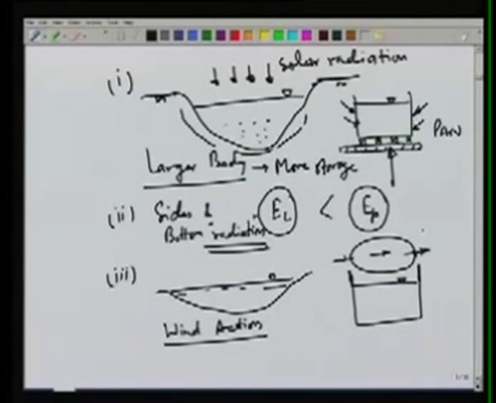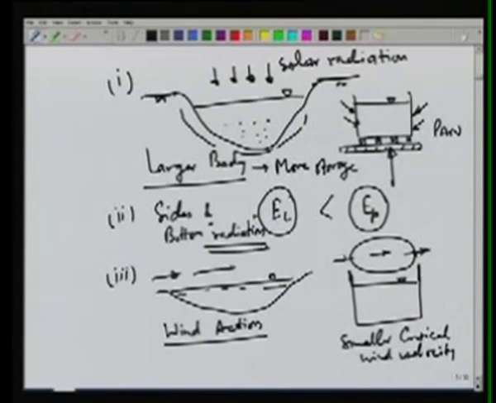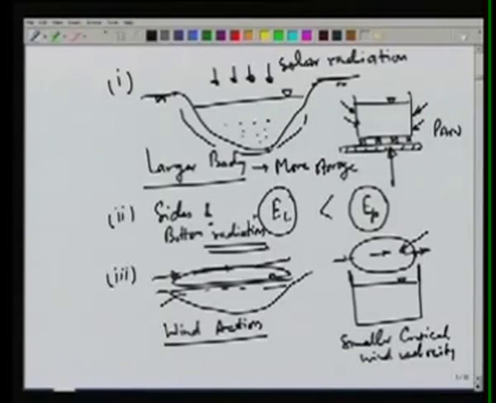So the critical wind velocity is smaller, because the size is small, so a smaller wind velocity will be able to carry the moisture from above the pan, but for a lake a larger wind velocity is needed to remove the saturated air from above the water level. Therefore, for a wind velocity which is more than the critical wind velocity for the pan but less than the critical wind velocity for the lake, the pan evaporation will be higher than the lake evaporation.